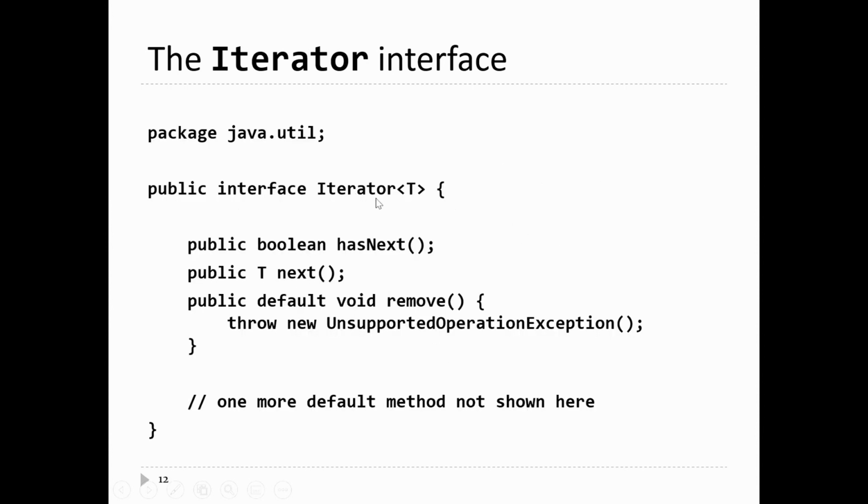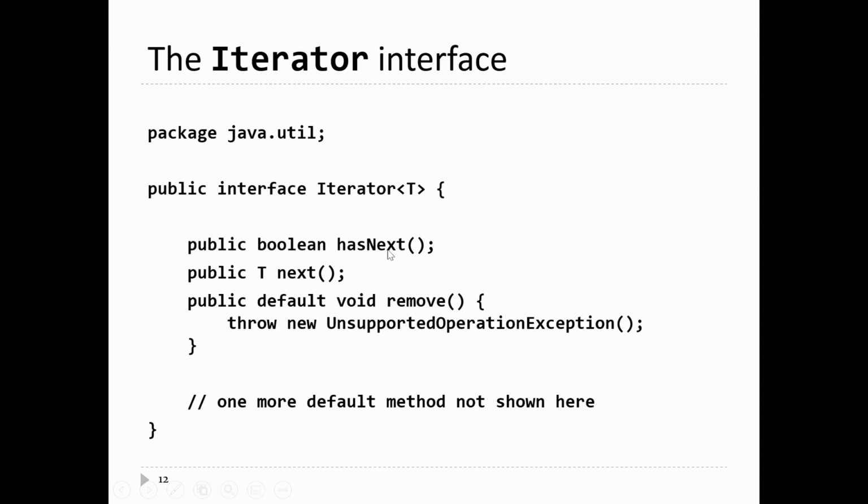So the iterator interface has three methods, well, it has two that we have to implement in this class. It has next, and we want to implement remove for our list. So we want our iterator to be able to remove elements from the list as it's iterating over the elements. There is one more method. It's not important for us right now.